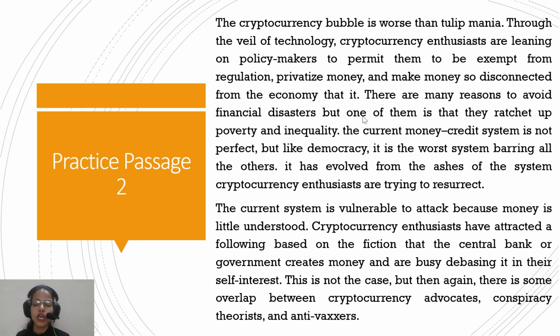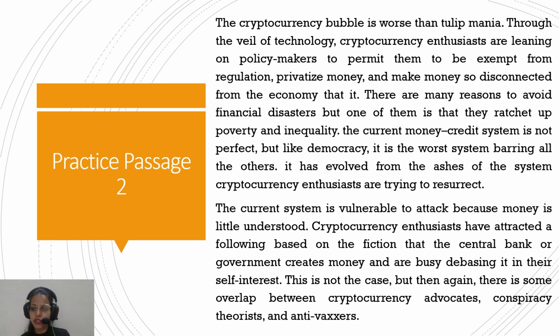So, veil of technology, veil is like a ghungat, something to cover. It means the technology is so advanced that not everybody gets it, so it's sort of a cover. Under the cover of technology, cryptocurrency enthusiasts are asking for permits, exemptions, privatization of money, and making money disconnected from the economy. So that's the veil of technology.